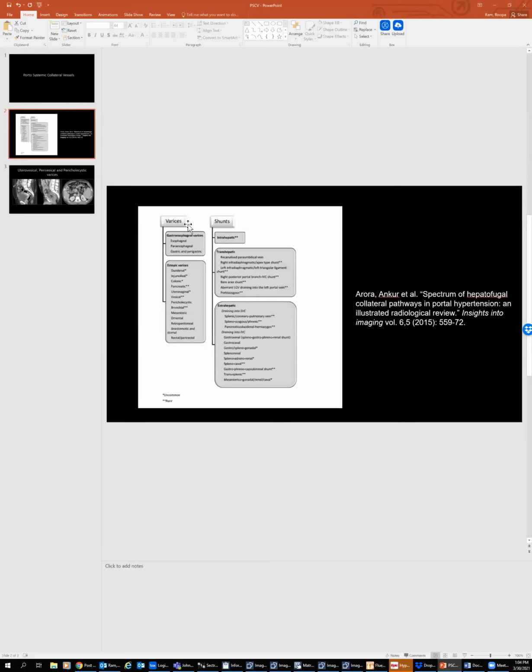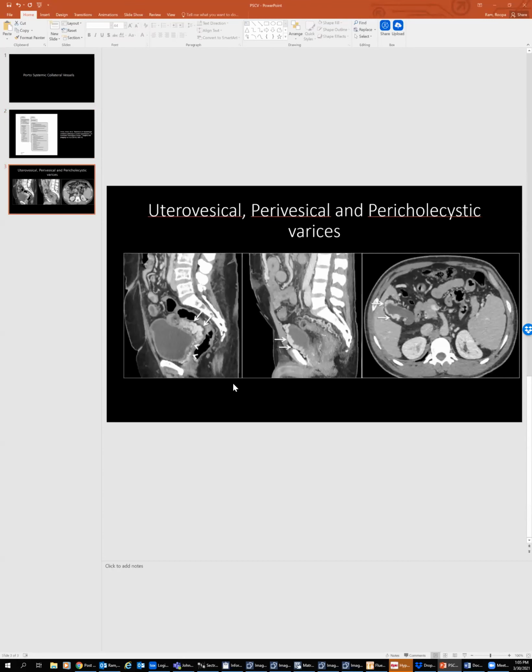So you can have varices. The usual ones we see are the gastroesophageal and the ectopic varices. And the shunts can be intrahepatic, transhepatic, extrahepatic. Some of the rare ones in this category are the splenogonadal, mesenterico-renal or mesenterico-caval. I've definitely not seen any of the pulmonary shunting ones. So just something to remember.